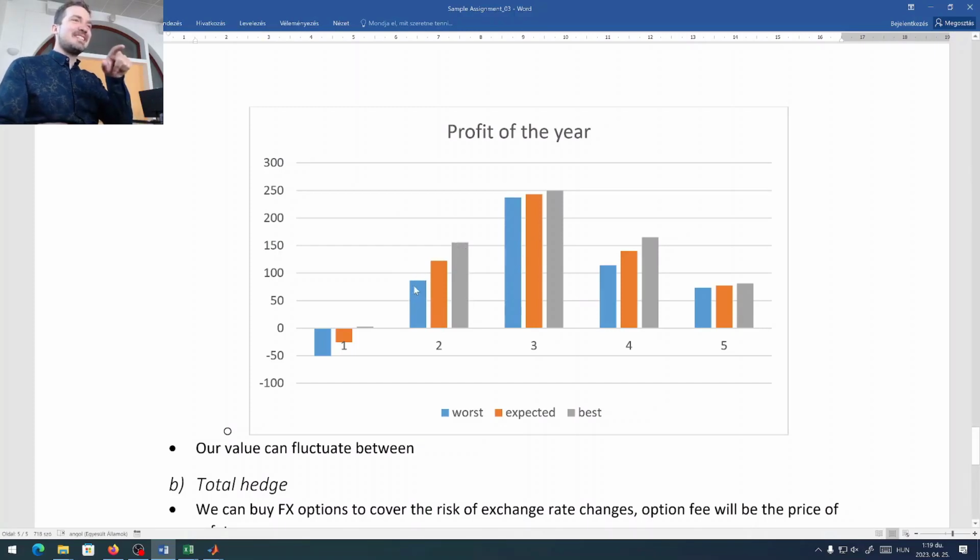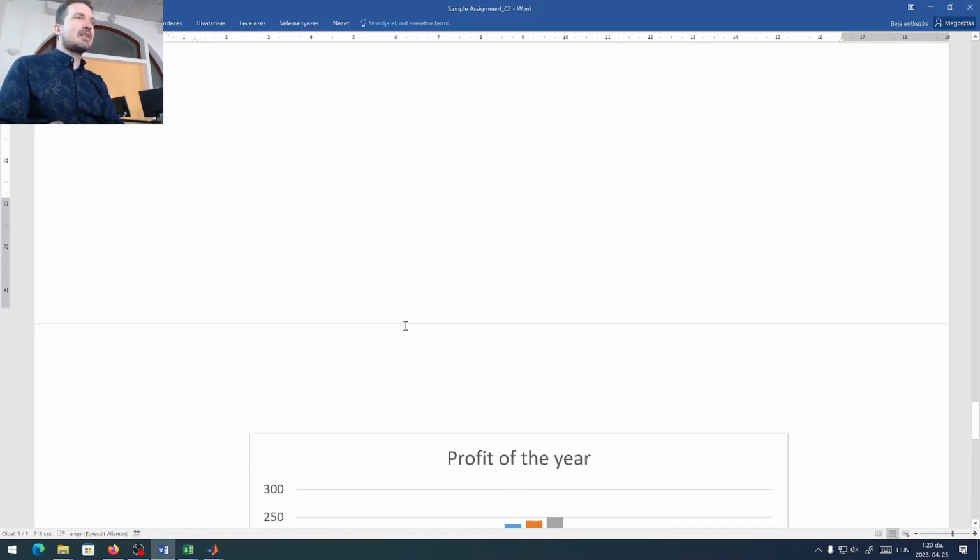So this is where we can see that it's nice to have some buffers, liquidity buffers, because if I'm unlucky, I can burn up some of my liquidity due to unwanted currency changes, especially in the first year already. So I can lose already 50 million, and after that some additional 50. So I can run out of money easily at the end of the second year if you are unlucky.